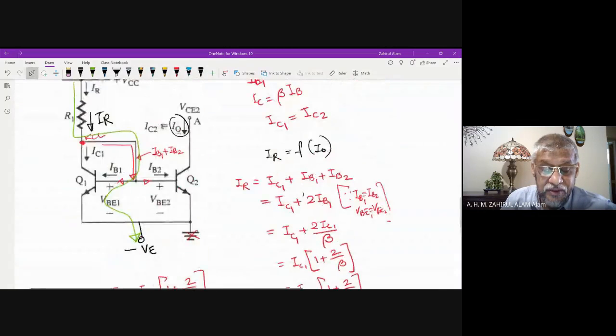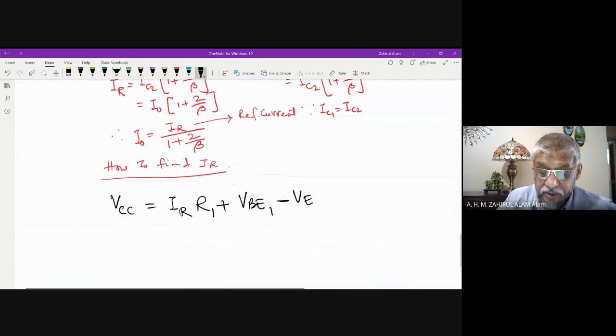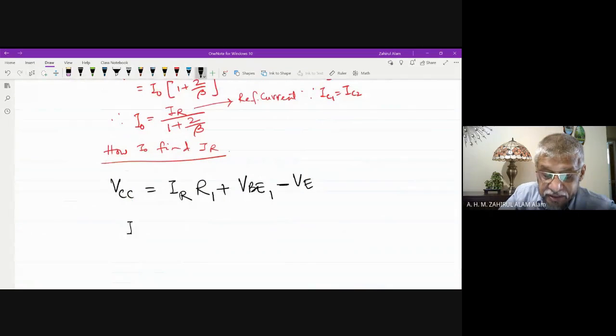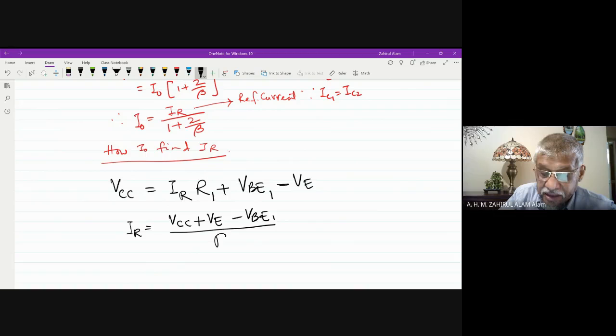So this is IR into R1, then the base to emitter voltage VBE1, minus VEE. So from here, IR is equal to VCC plus VEE minus VBE1 divided by R1.